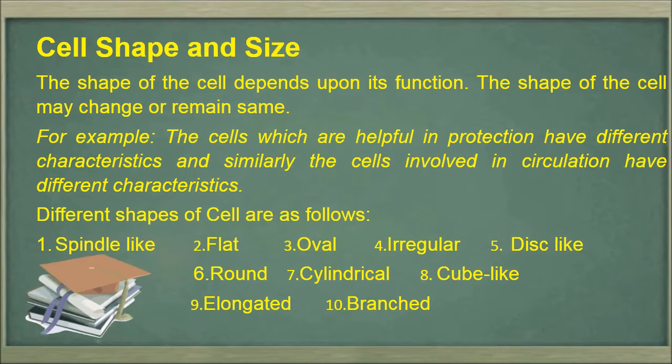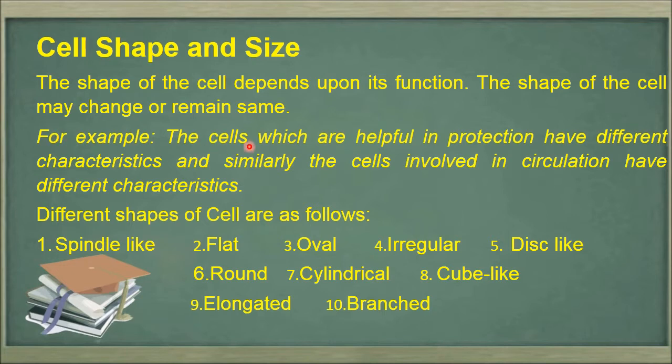So let us first study about different shapes and sizes of cells. Cells may have different shapes depending upon the type of function they need to do. The shape of the cells may change or it may remain the same during the lifetime.